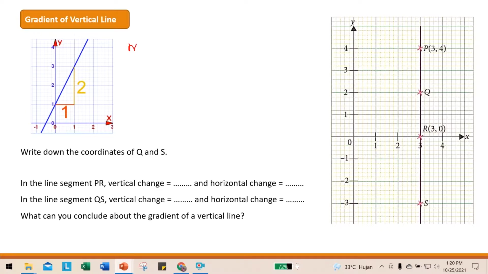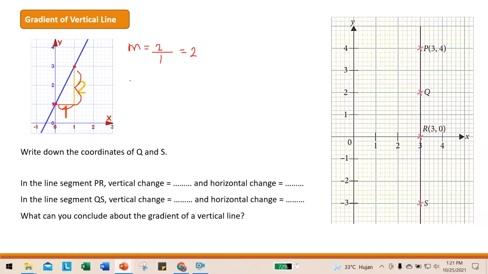To get the gradient is how far up out of how far along. Let's say we choose this coordinate. How far up is positive 2, out of how far along is 1. 2 divided by 1 is equal to 2.